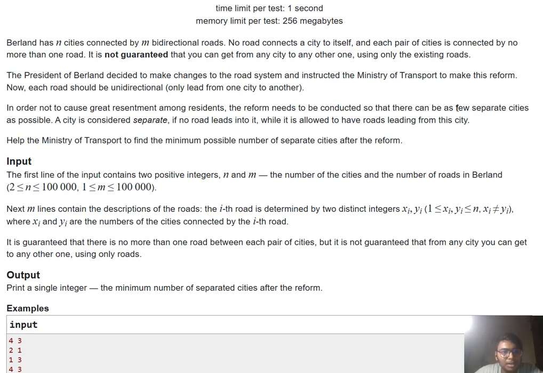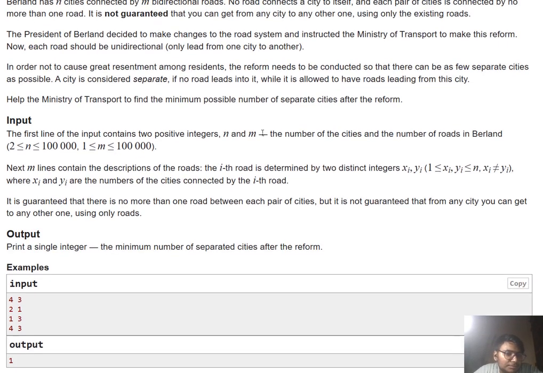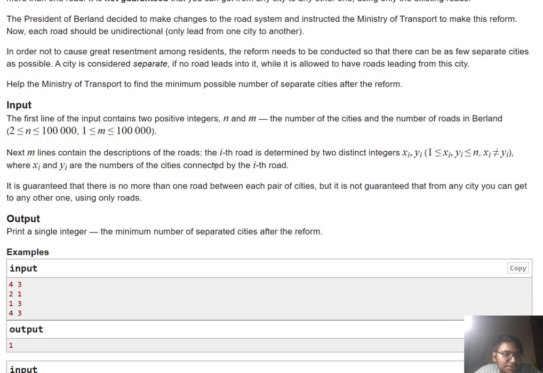Cool. And we need to minimize the number of such cities using the transformation. The transformation is that we can make the undirected edges directed. Okay, so we need to see the input: N and M are up to 10 to the power 5.